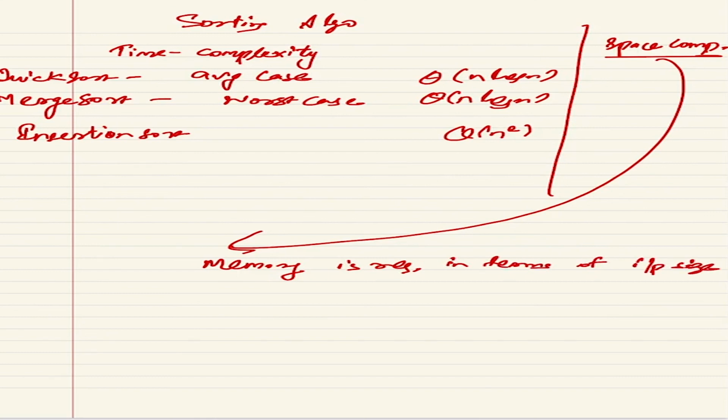At least when you are sorting, you will have to read the input values. So it cannot be less than theta n. Okay, but you have to read the inputs.